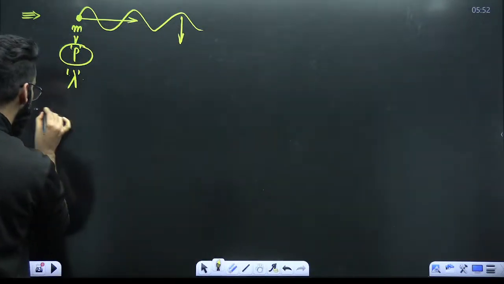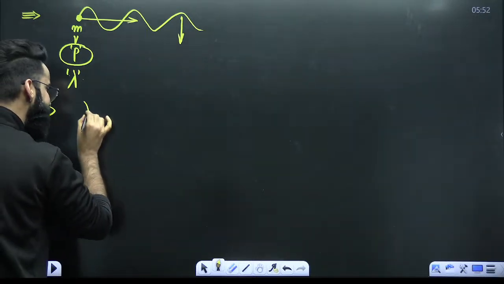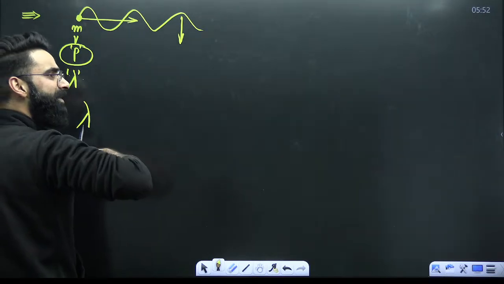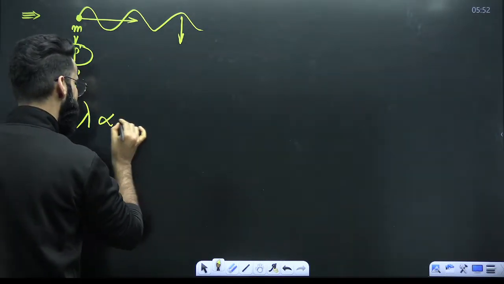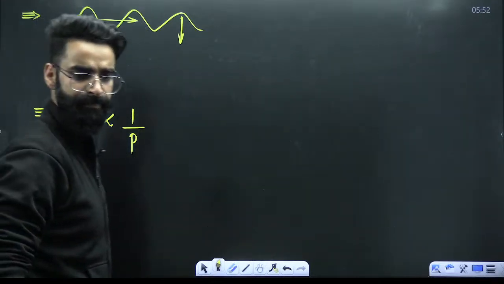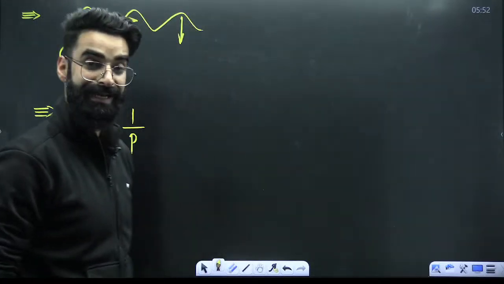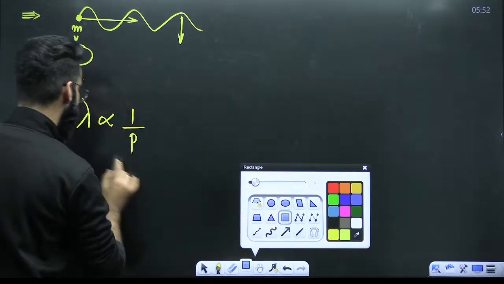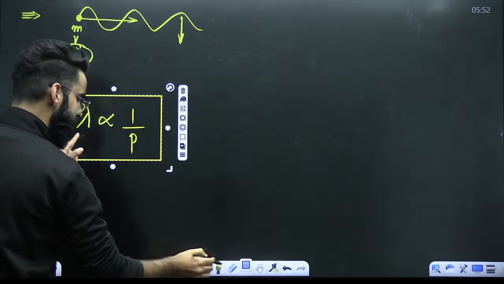As per de Broglie, the wavelength of the de Broglie's wave, which is associated with the object moving with some velocity, is inversely proportional to the linear momentum carried by the object. What is lambda here?